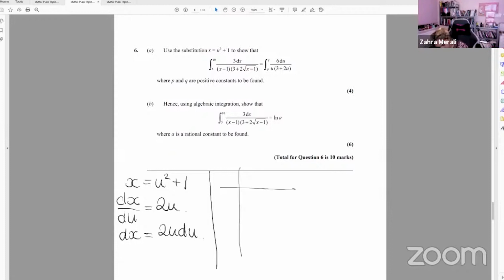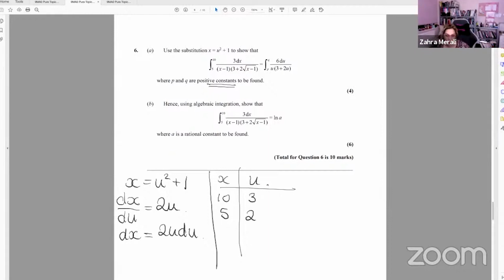That's easy. We're going to do our limits. So our limits, we're going to have x and we're going to have u. So we know our x is 10 and 5. So if 10 equals u squared plus 1, 10 minus 1 is 9, take the square root, and it's telling you they're positive. So we get u is 3, and then 5 minus 1 is 4, take the square root is 2.